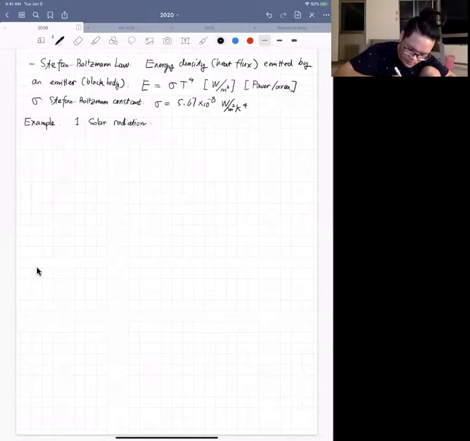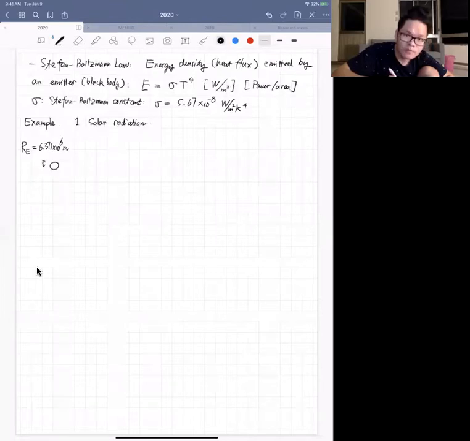Let's say this is Earth. This is where we are. We know the size: the radius of Earth is 6.371 times 10 to the 6 meter, about 6,000 kilometers. And the sun, which is not drawn to scale of course, is much larger.